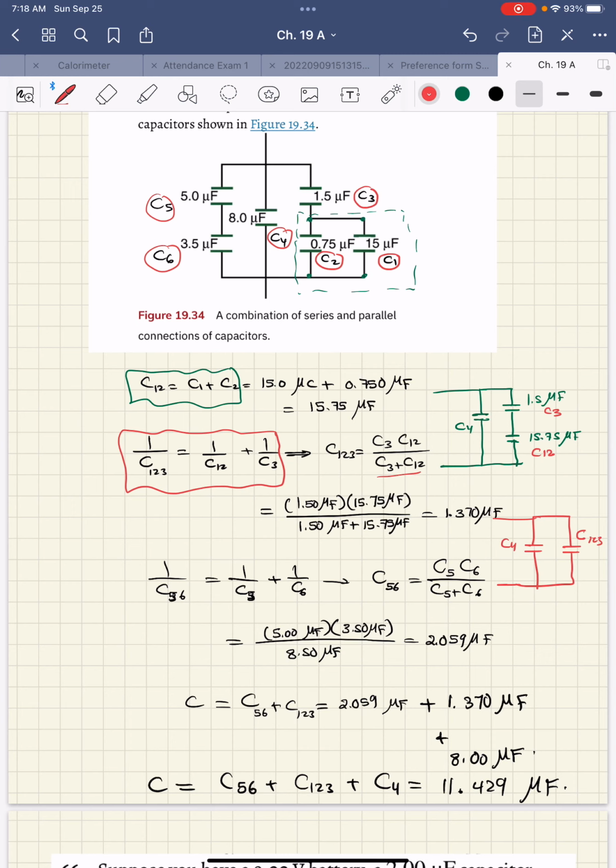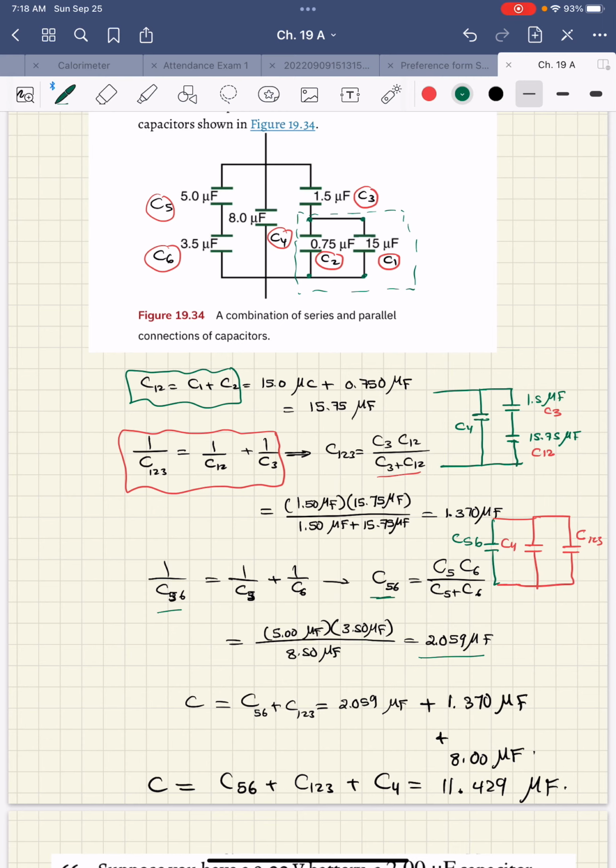Also, here, I can simplify 5 and 6 and calculate what is really their equivalent. Then I'm going to add another one here. That one is going to be C56. And then here I said C56 is 2.0959 microfarad.